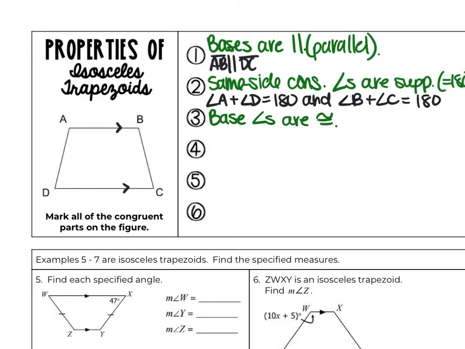Okay, so on that first page, we identified what the base angles were. They're going to be essentially these two on the bottom. All right, so if I were going to mark that, I would put the little swoops on the angles, and I could say angle D is congruent to angle C.